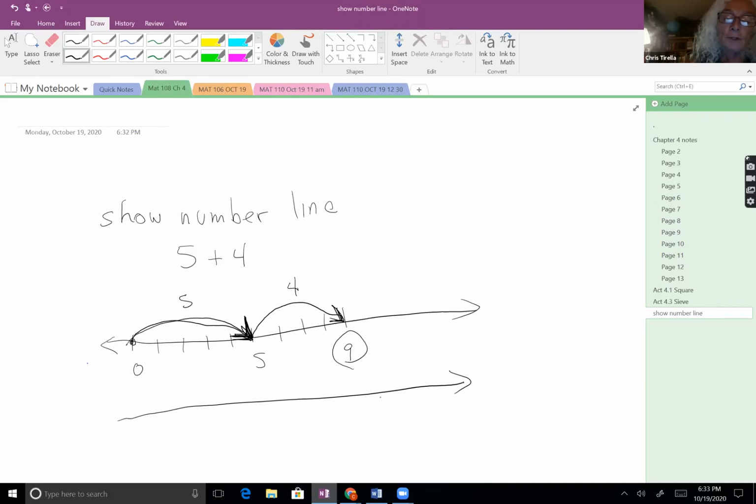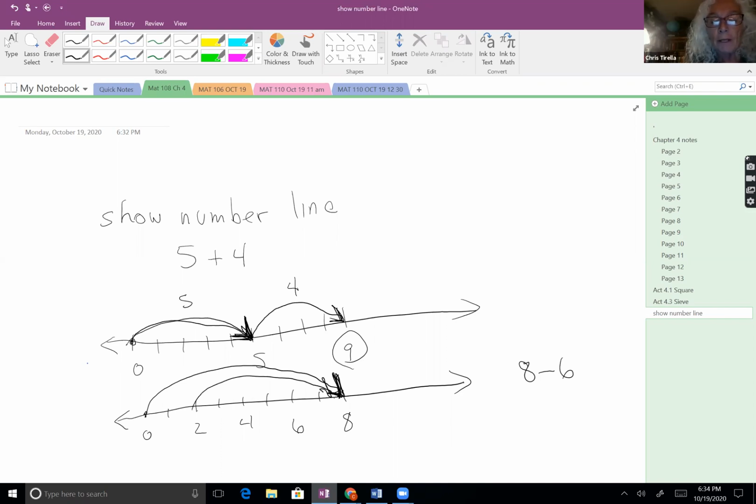Instead, if I asked you to show on a number line something like 8 minus 6, I'm starting with a number line that goes from 0 to 8. Remember, when we subtract, we're going to draw another arrow backwards. It'll have a length of 6: 1, 2, 3, 4, 5, 6.